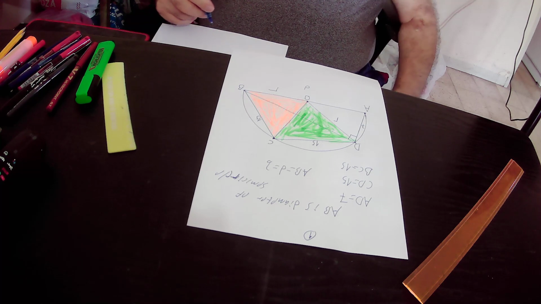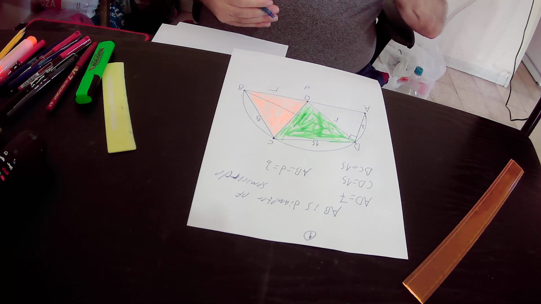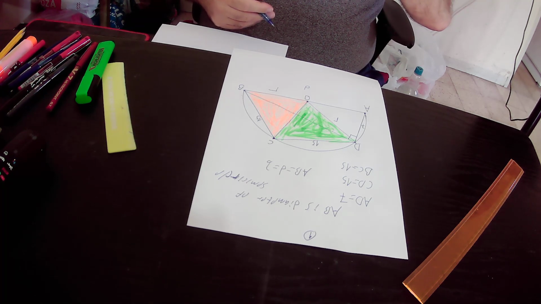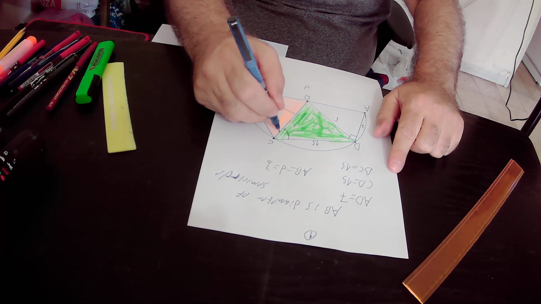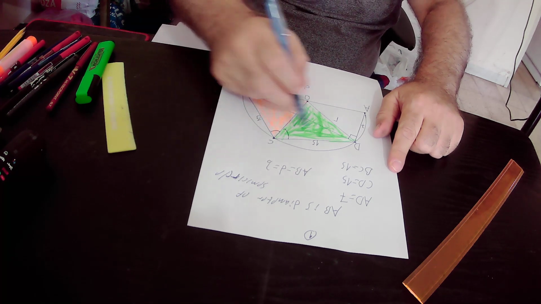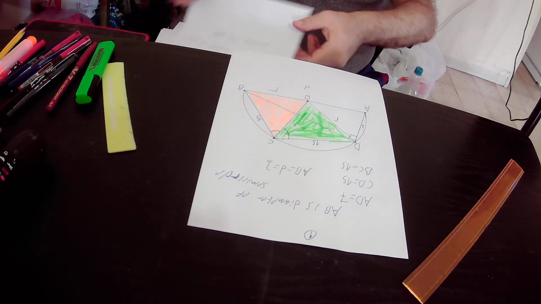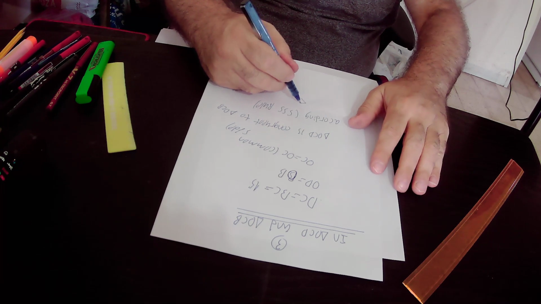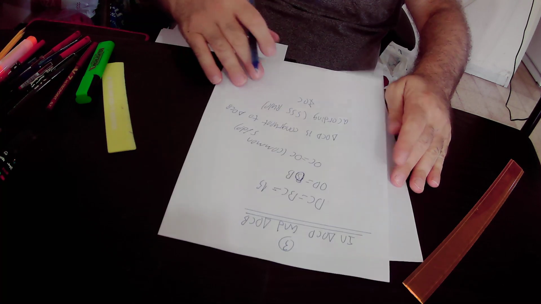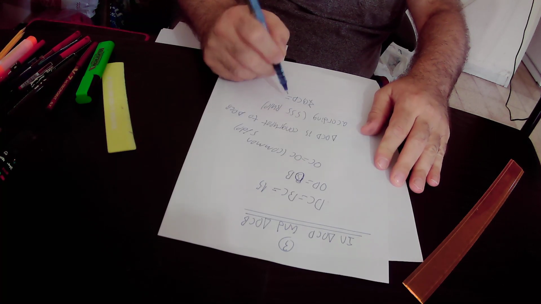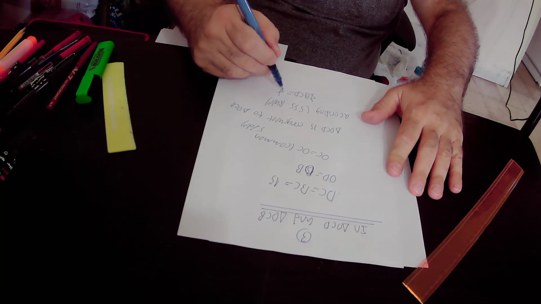Therefore, because those two triangles are congruent to each other, we can deduce that angle OCD equals angle OCB. Angle OCD in the green triangle equals angle OCB in the orange triangle.